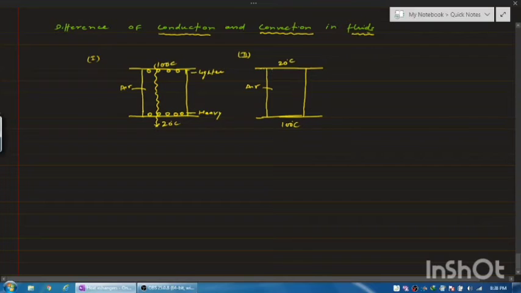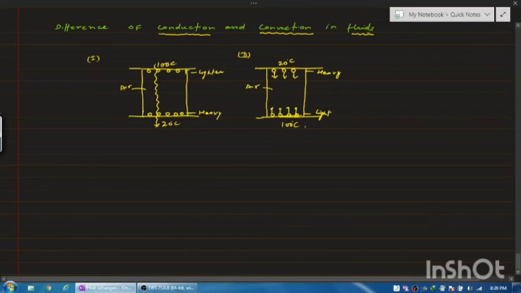Here air particles at around 20 degrees Celsius, which are heavier in weight, are on the upper side, and the air particles which are at 100 degrees Celsius, which are lighter in weight compared to 20 degrees Celsius, are at the bottom side, where the normal tendency is that the heavy particles have the tendency to go downward, and simultaneously lighter particles will have the tendency to go upward.